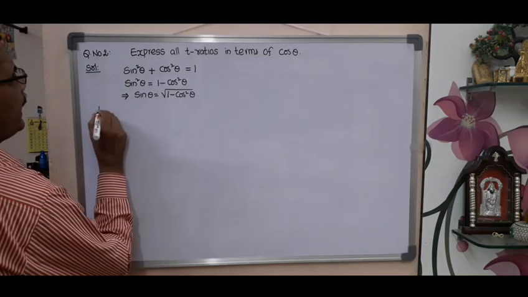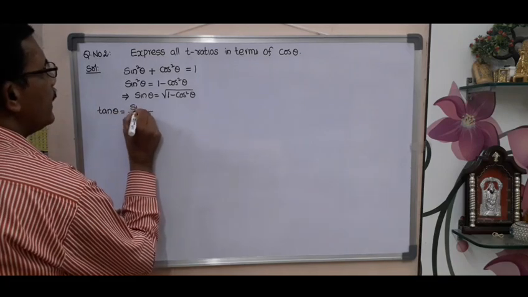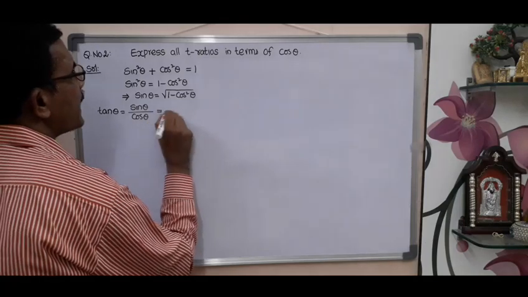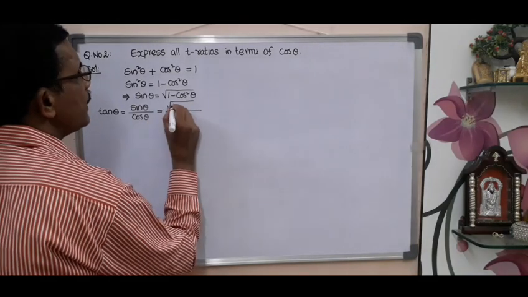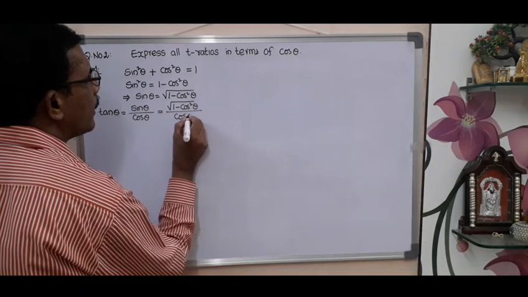Now tan theta, that is sin theta by cos theta. Sin theta is under root 1 minus cos square theta, by cos theta.